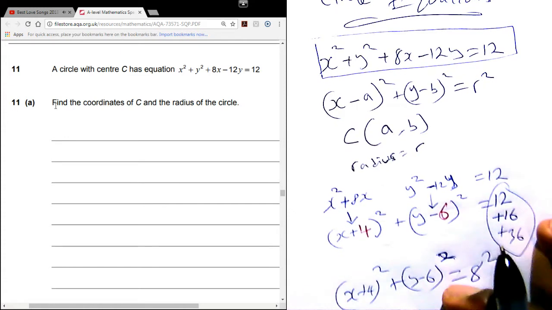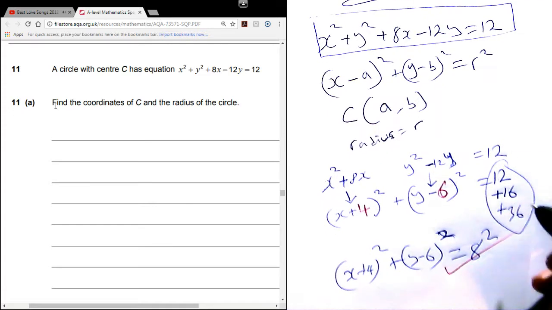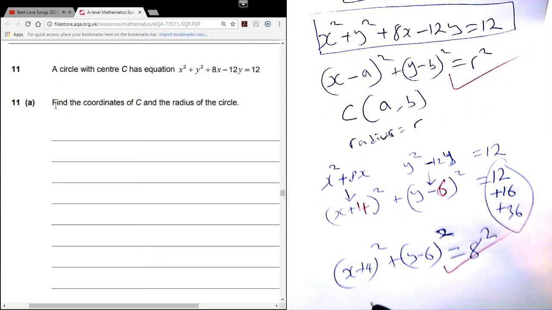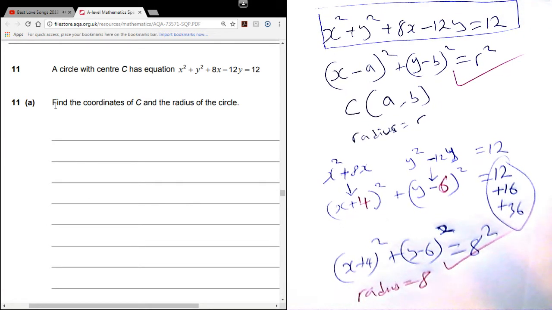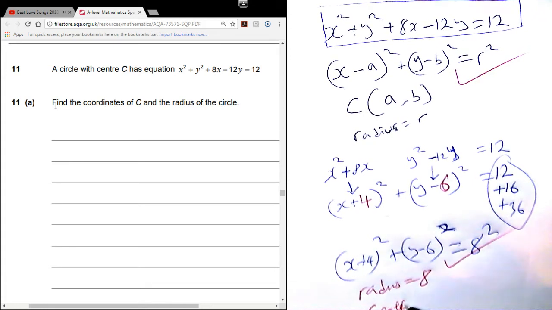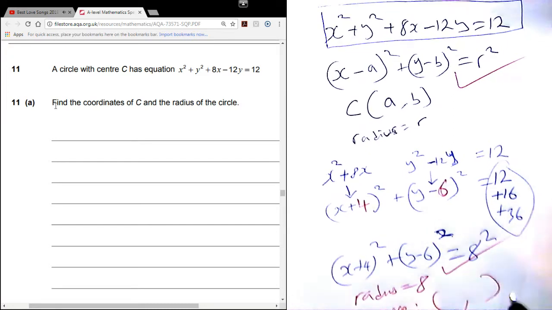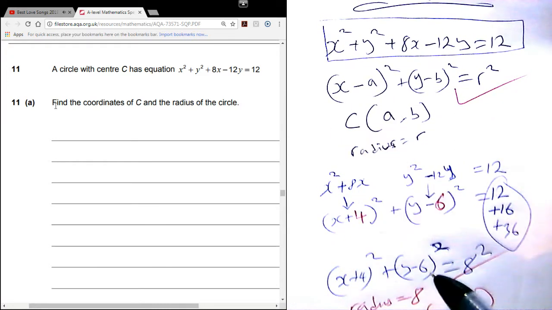So if you compare this to what I was talking about here, you can see that we can say the radius is therefore 8. But what can we say about the center C? What's the coordinate of the center? If it had been x minus something, that something would have been the x coordinate.